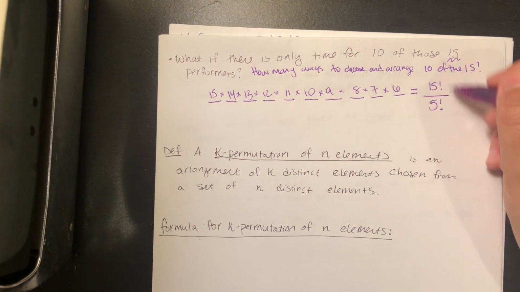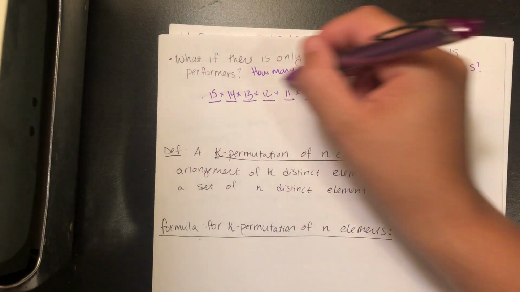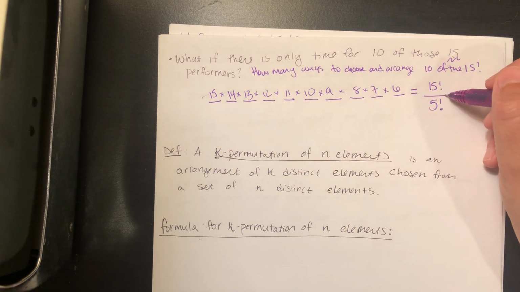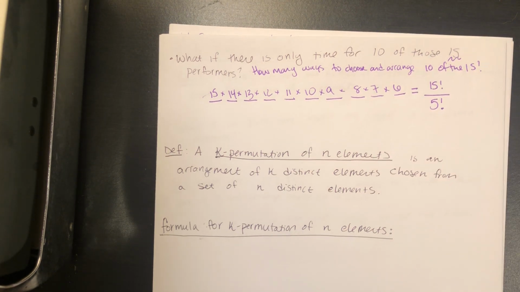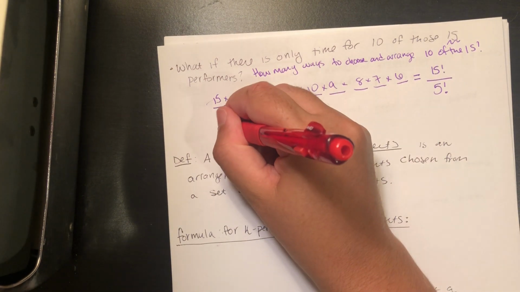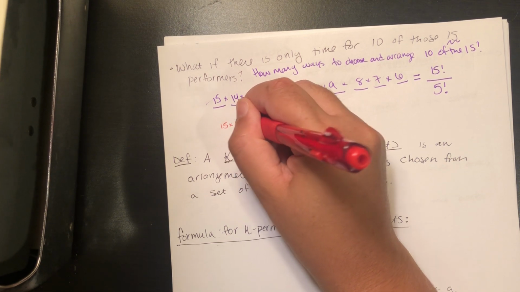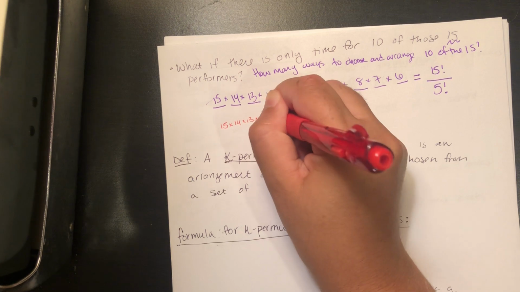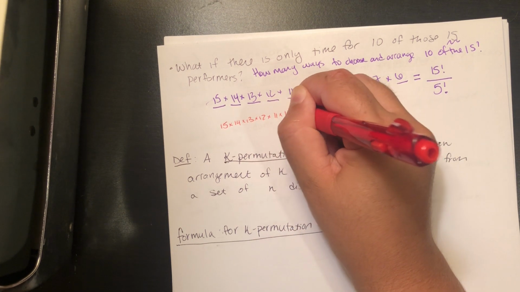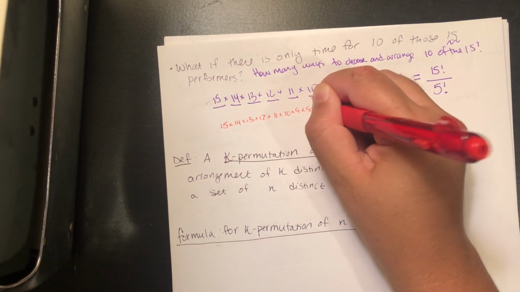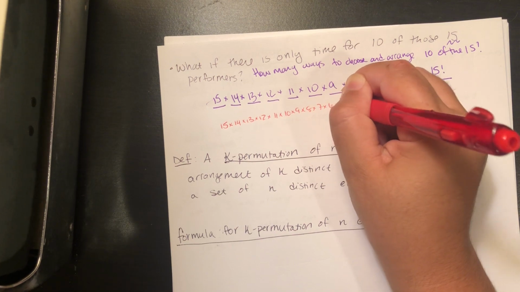So if you're not sure why this expression here, 15 times 14 all the way down to 6, is equal to 15 factorial over 5 factorial, just remember that you can express 15 factorial as 15 times 14 times 13, 12, 11, 10, 9, 8, 7, 6, 5, 4, 3, 2, 1.